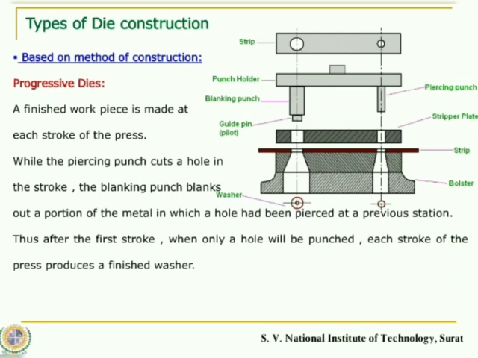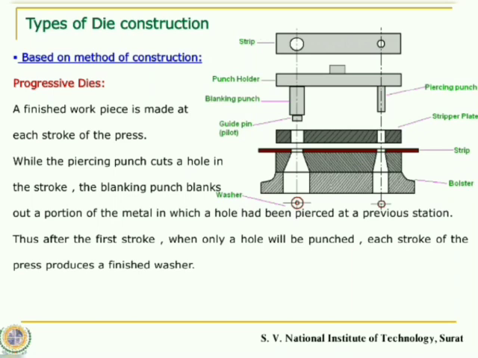When a piercing punch is used, it cuts a hole in the stock material, whereas a blanking punch blanks out a portion of metal into which a hole has been pierced at the previous station. So, in a way, we create the same type of washer which we talked about in the compound die, but here the first operation performed is the punching operation, the piercing operation, and the second operation that is carried out is the blanking operation.